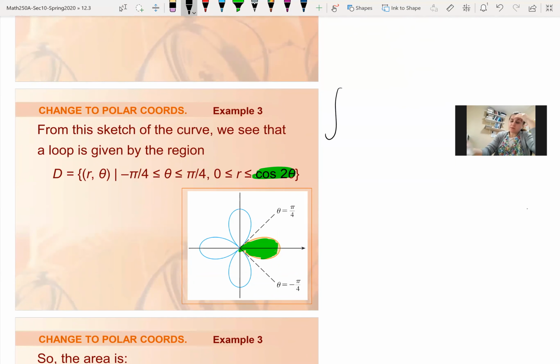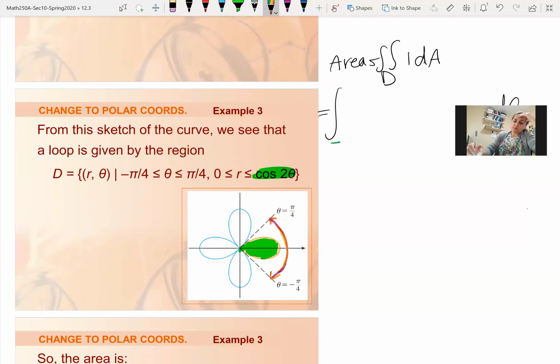Give me my limits. So area is going to be the double integration of 1 dA. Theta is from here to here, right?